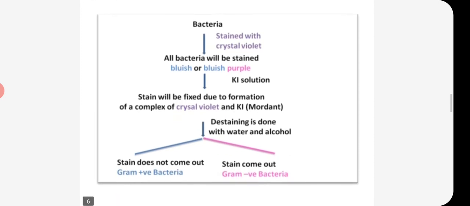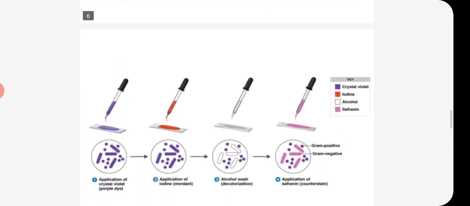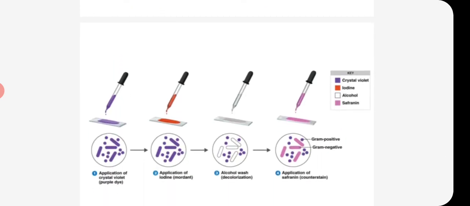Like this, in this process, in the first step we treat the bacteria with crystal violet, and the second stain is the counter stain, safranin, and we also add potassium iodide. It is a mordant which can intensify the staining, so that is also called a mordant.